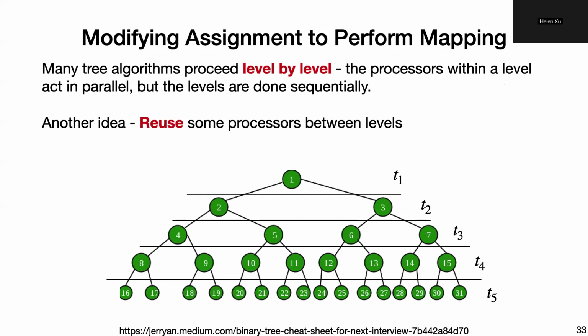The levels have to proceed sequentially, but the nodes in the levels can do the work in parallel. So if you have an algorithm of that form, you can reuse some of the processor assignments between the levels. This is similar to the broadcast, where we reused the root processor; the root process participates in every level of the broadcast.